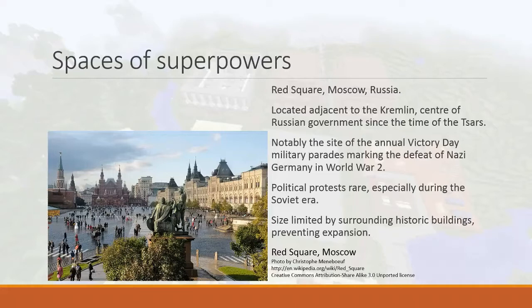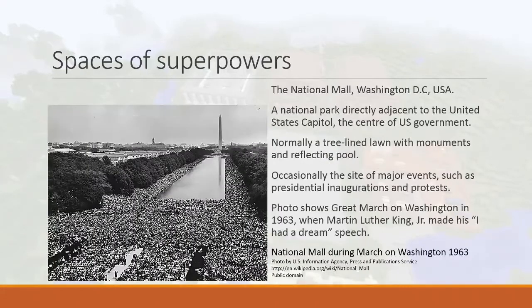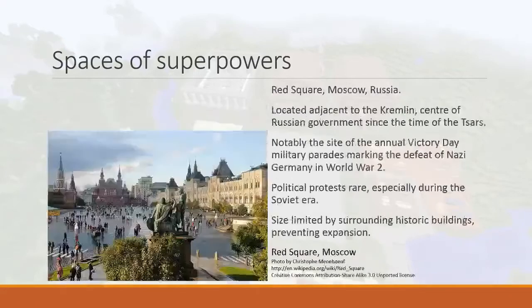Curiously, political protests are quite rare, especially during the Soviet era. Whereas here we see the massive protests in the National Mall, the protests in the Red Square are rare. And the size of the Red Square is actually limited by the surrounding historic buildings, which prevents expansion.